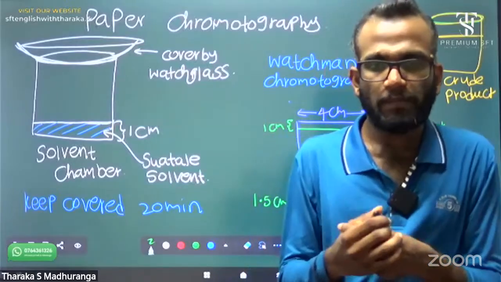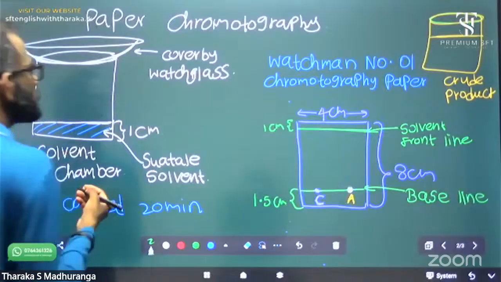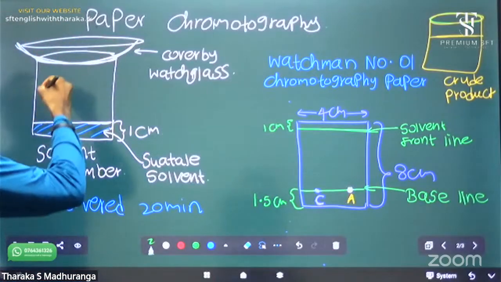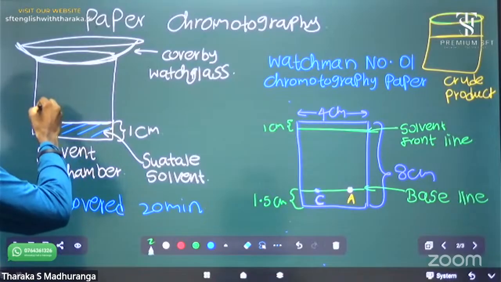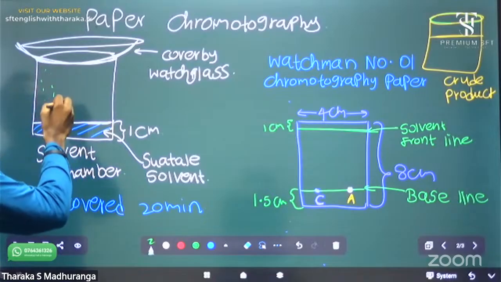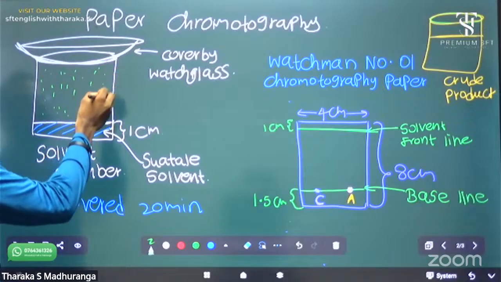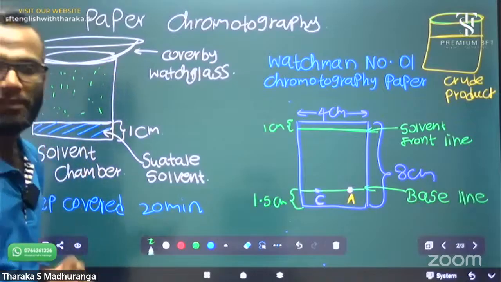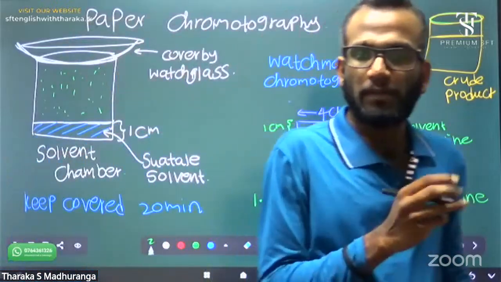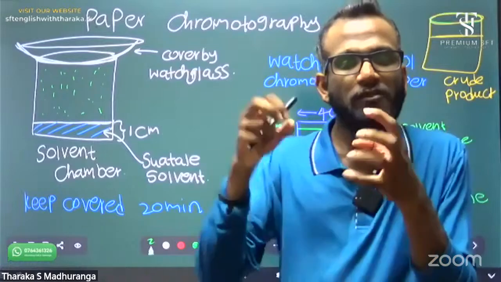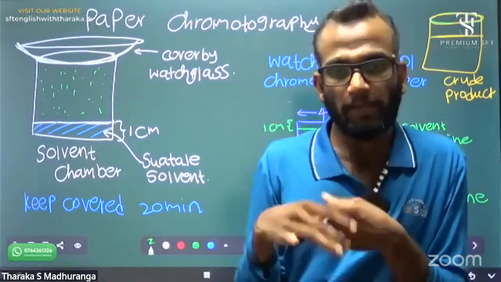The purpose of this pause of 20 minutes is to fill and saturate the air space of the solvent chamber with solvent vapor. The air space is saturated by solvent vapor.